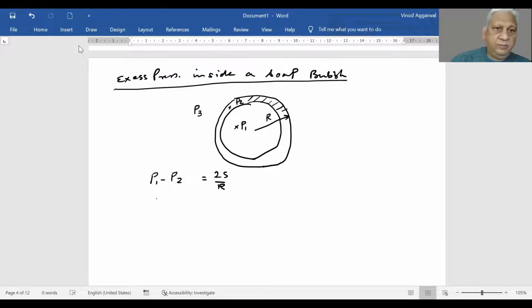And what is P2 minus P3? This minus this. Again, if we take this outer one as a sphere, again this is 2S by r. So what is P1 minus P3?